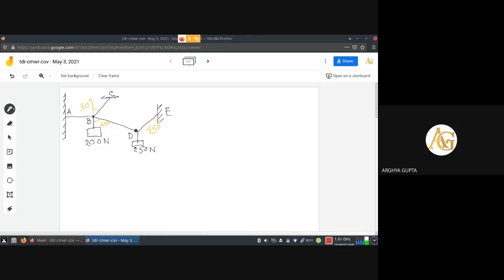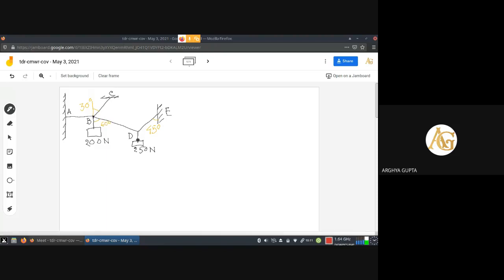At point D, how many forces are there? First see, through point B or D, how many forces are acting. Let us consider point D. There is the weight, the tension for the string E, and the tension for the string BD.